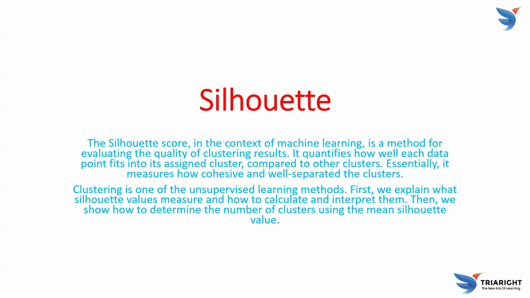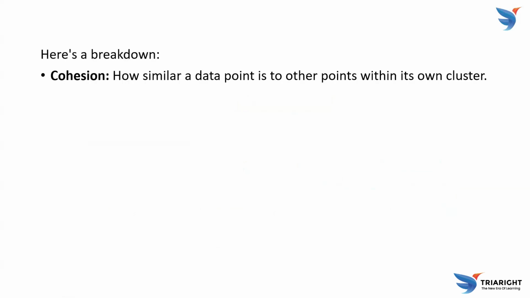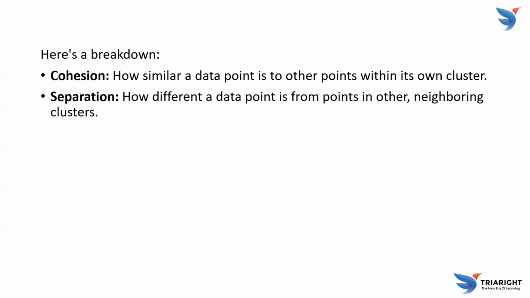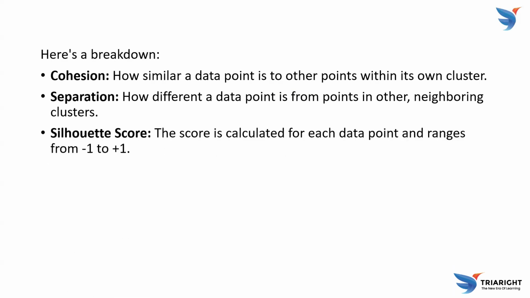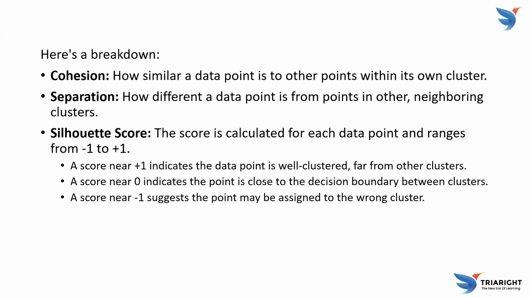So let's determine it. We have cohesion, how similar a data point is to other points within its own cluster. We have separation, how different a data point is from points in other neighboring clusters. Then we have the silhouette score. The score is calculated for each data point and ranges from -1 to +1. A score near +1 indicates the data point is well clustered, well matched to its own cluster and poorly matched to the neighboring clusters.